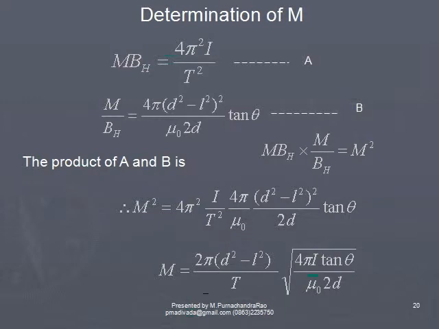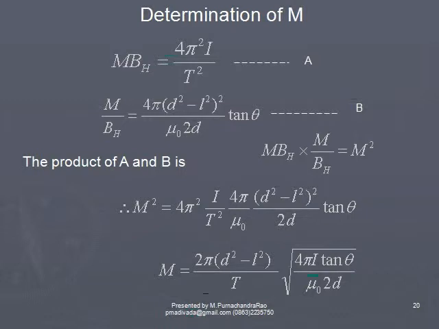Therefore, BH is equal to 1 by T into d square minus L square whole multiplied by square root of 2 pi I mu naught d divided by tan theta.